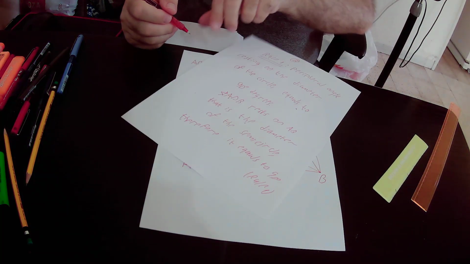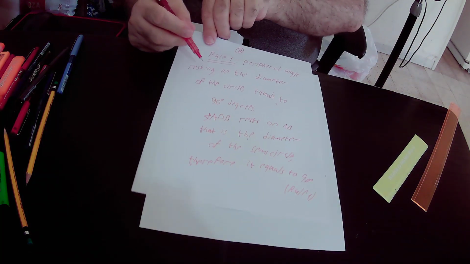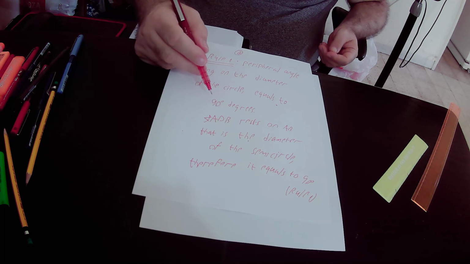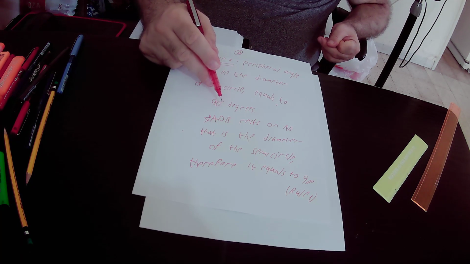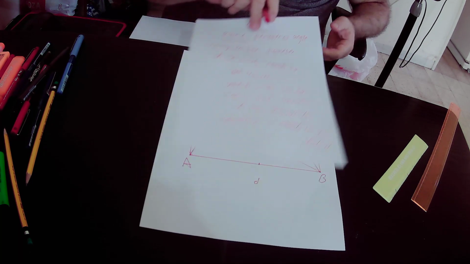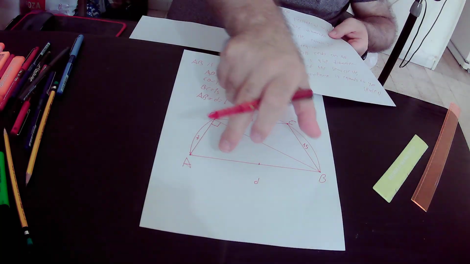I will read the things that I wrote again. The peripheral angle ADB rests on BA, and BA is the diameter of this semicircle.